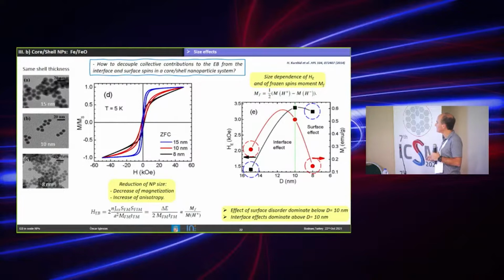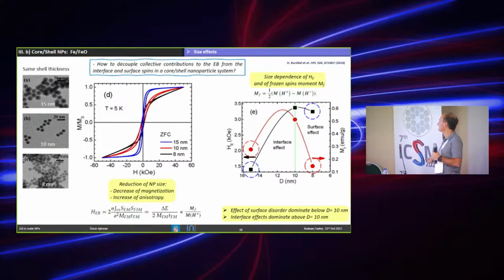the magnetization associated to the frozen spins contribution, which is plotted here in red as a function of the particle size, decreasing in this direction. And we can also plot the exchange bias field as a function of the particle size.